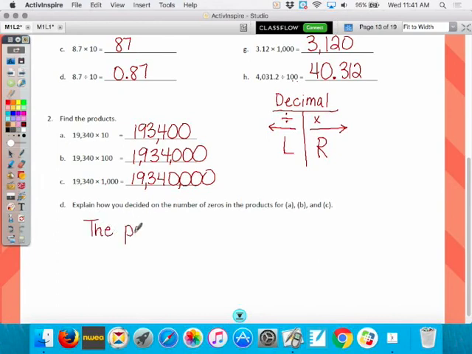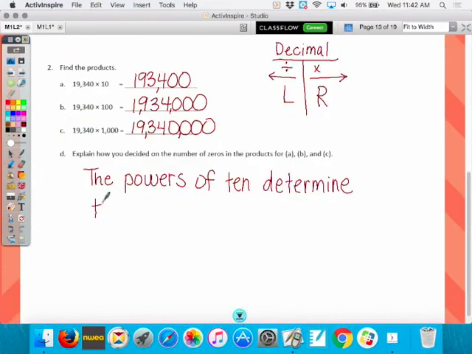The powers of 10 determine the number of zeros you add.